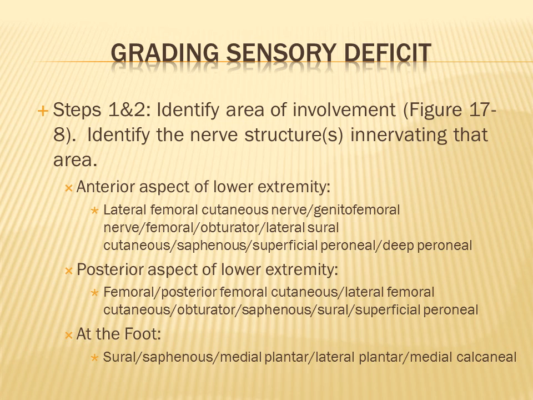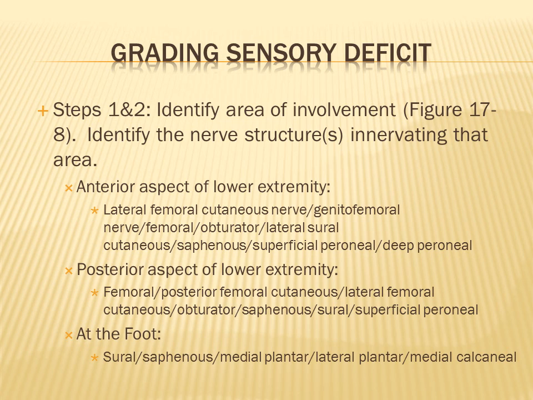of the lower extremity. For the posterior aspect of the lower extremity, we have the femoral nerve, the posterior femoral cutaneous nerve, the lateral femoral cutaneous, the obturator, the saphenous, the sural, and the superficial peroneal. So you can start to see that there's a lot of overlapping of sensory areas and even sensory nerves.